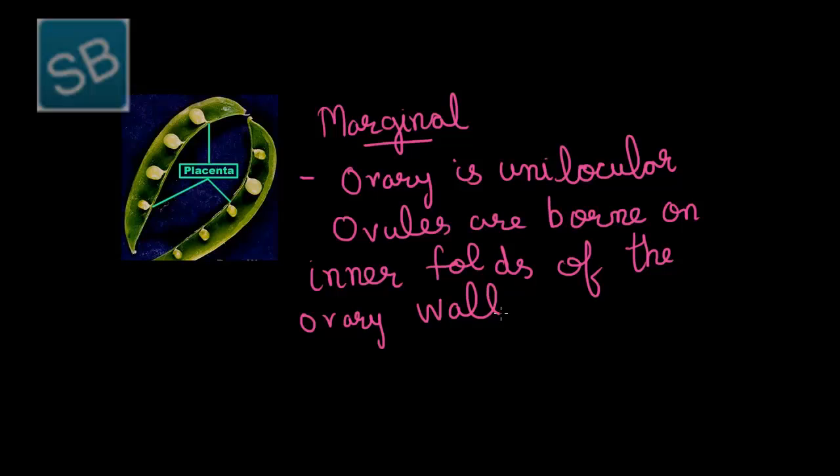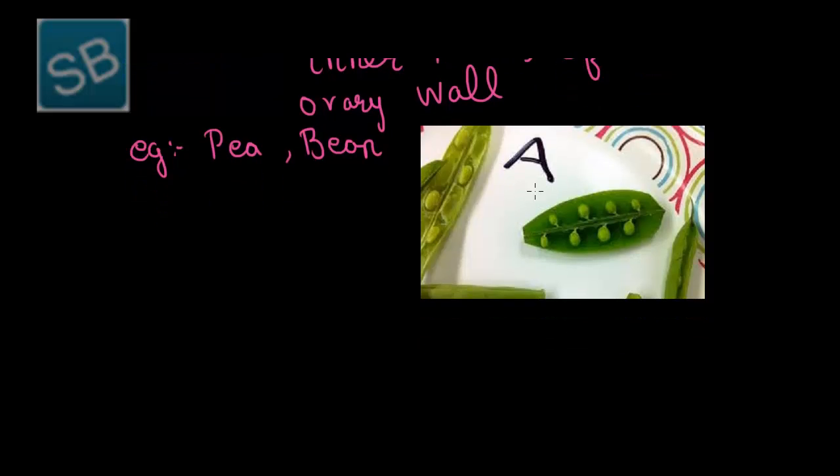Examples of such type of placentation are pea and bean. This figure depicts the marginal placentation in pea plant.